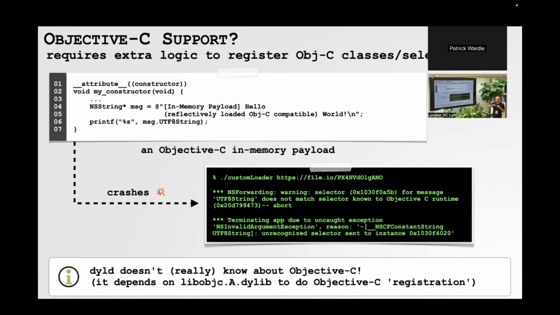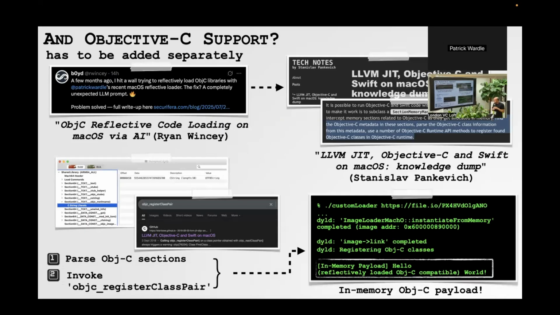Objective-C is essentially a completely different runtime, and it's Greek, it's Latin to DYLD. What DYLD does is it depends on libobjc.a to do the Objective-C registration. And my code was just using the old version of DYLD, wasn't taking into account any of the Objective-C specifics.